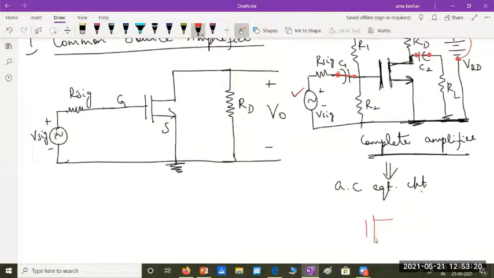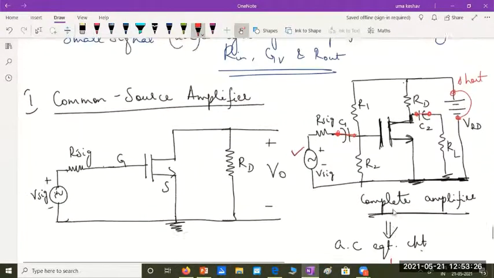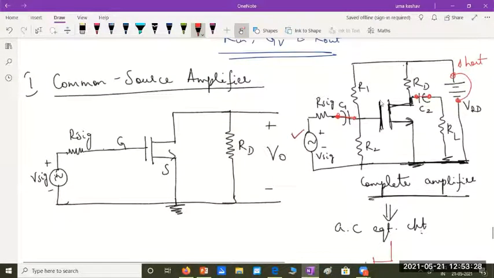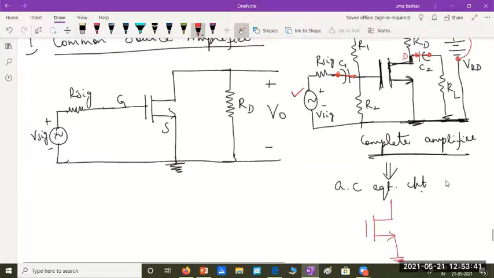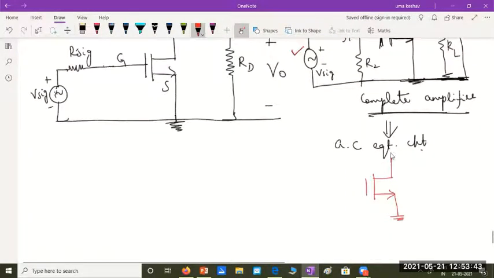Here, source is grounded, and you see there is a resistance RD connected from the drain, and the other end will be grounded. Yes or no? See, the other end of RD is coming like this to the ground. So how can I write that RD? I can easily represent that RD from drain to ground.